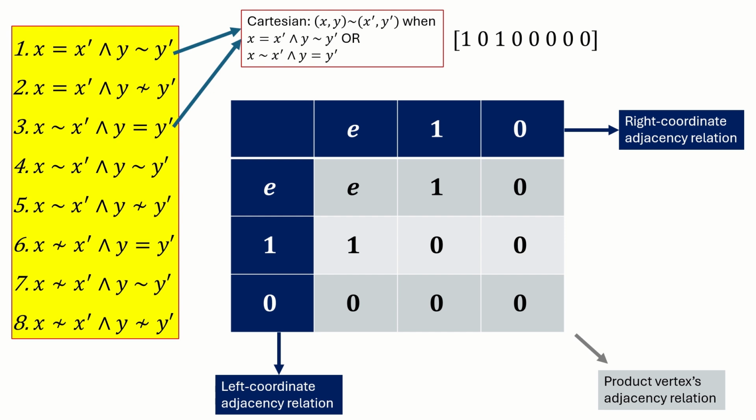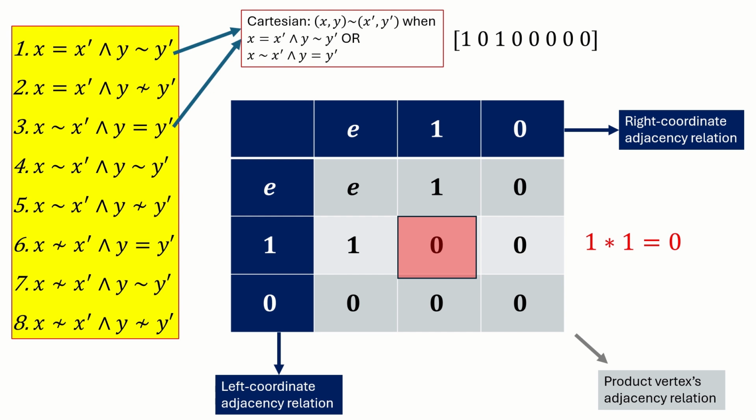For example, for the Cartesian product, adjacent times adjacent equals non-adjacent, where here we denote adjacent with the symbol 1 and non-adjacent with the symbol 0, and equals with the symbol E. Note the interpretation of adjacent times adjacent is left coordinates are adjacent vertices in the left graph, and right coordinates are adjacent vertices in the right graph, where times serves the role of the logical and.